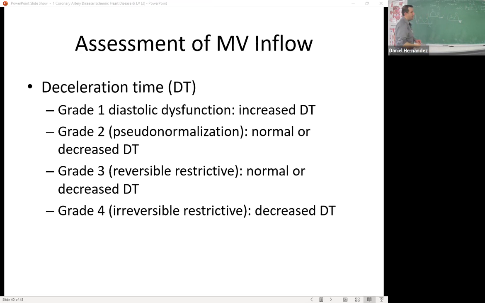When we enter into a restrictive filling pattern, now we get very pronounced D wave.